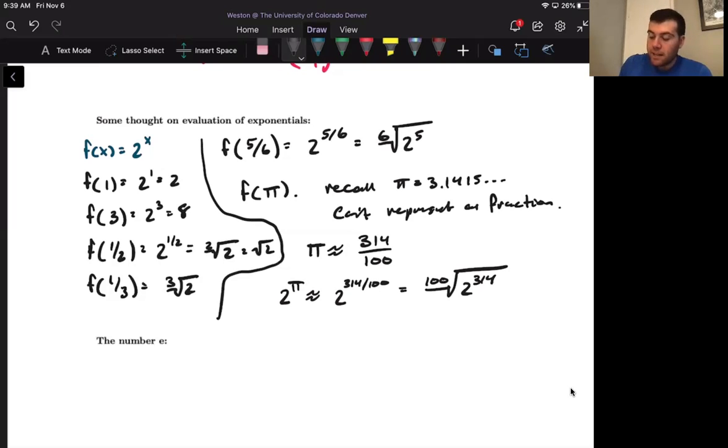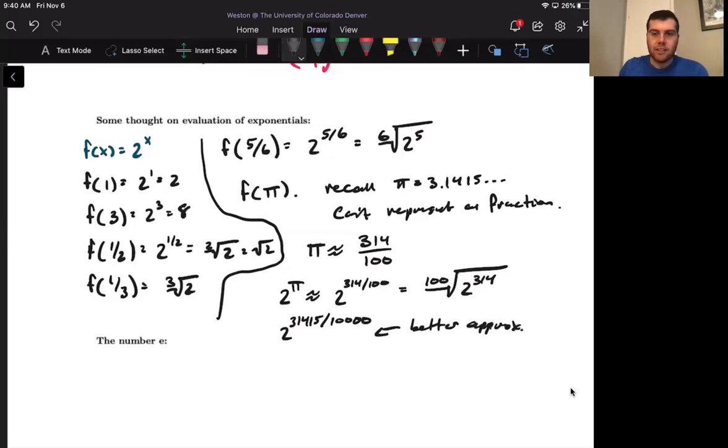All right, so mathematically, this is a nice way to do it, where you can just get an even better approximation by doing 2 to the 31415 divided by, now we need to bring it back down to being 3.14, so 10,000, and that's a better approximation.